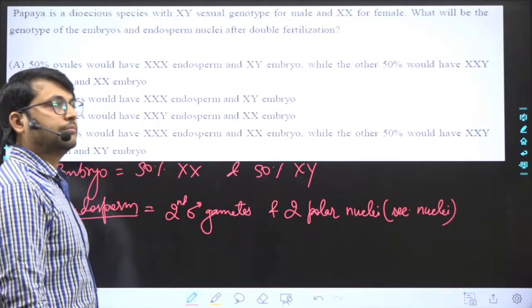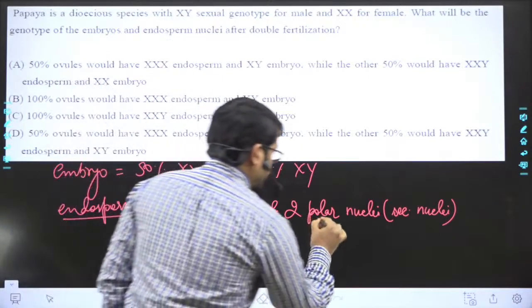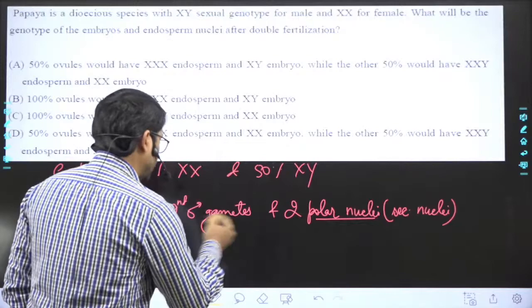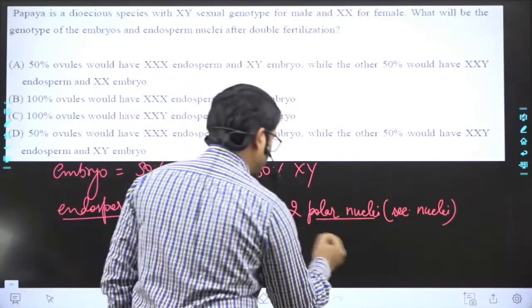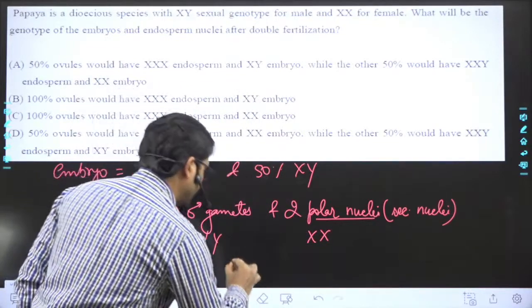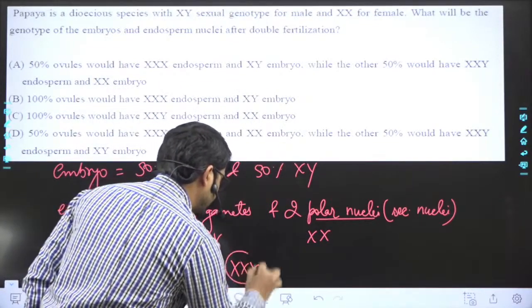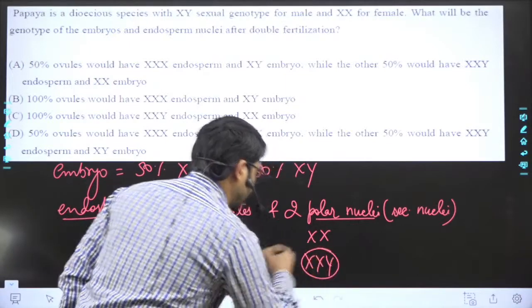Great. Okay. So what will happen? This male gamete can either be X or Y, and the polar nuclei would be XX only. So what should it be? Either XXX 50% or XXY the other 50%.